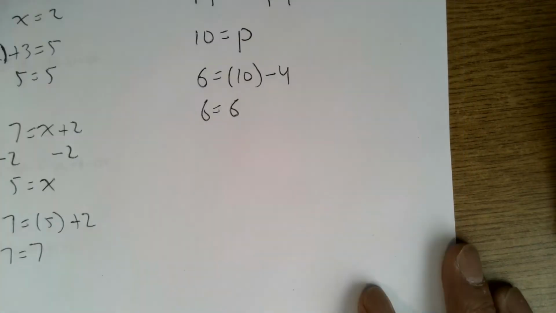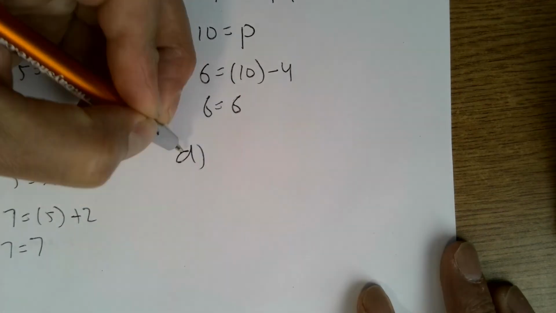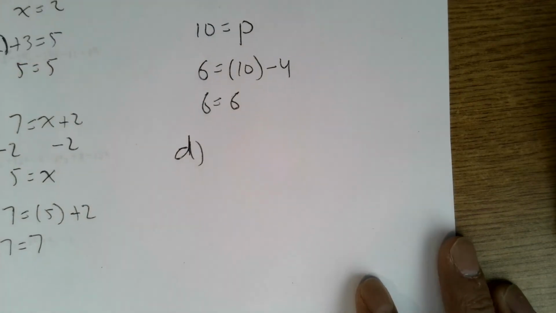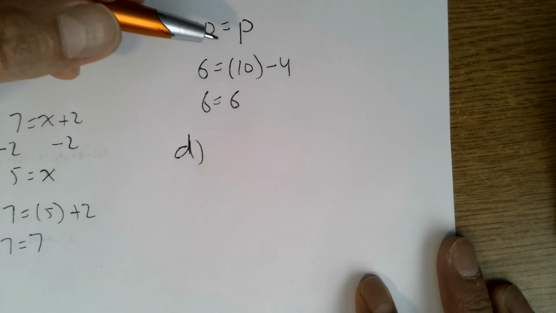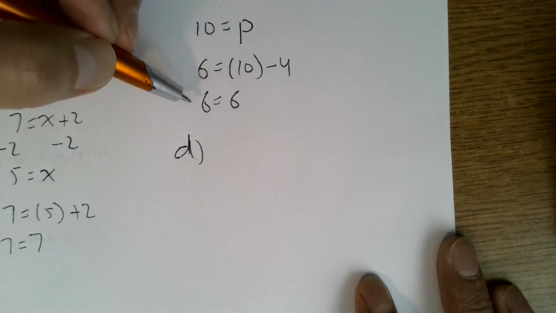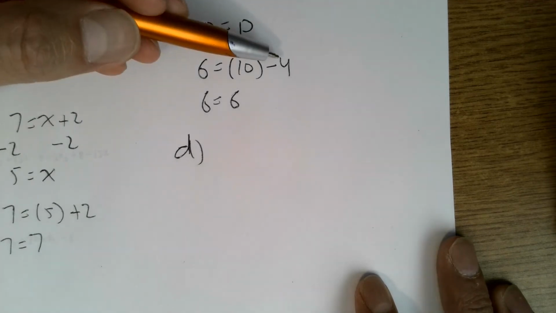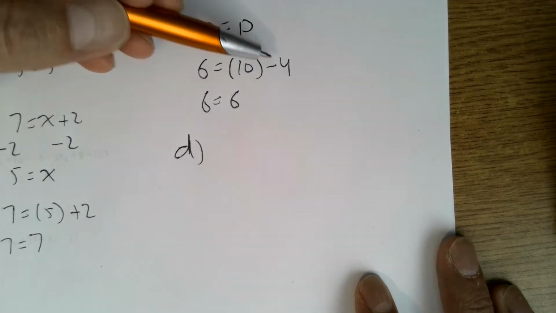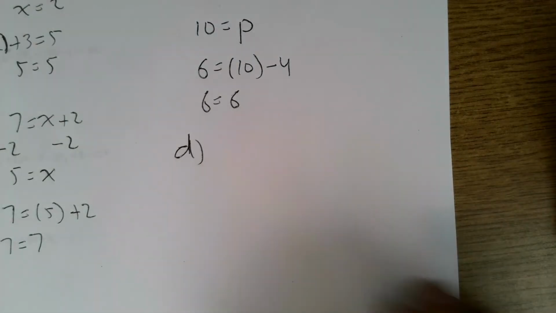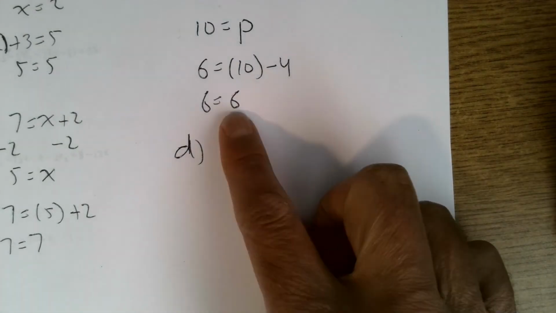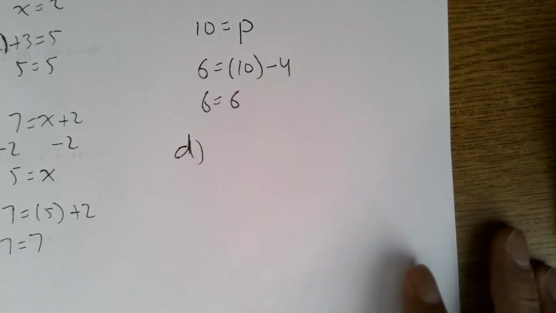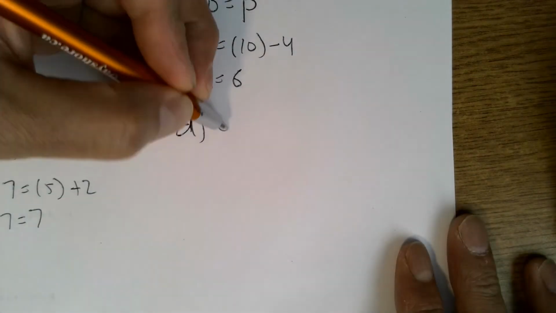Please do not leave me with checks that say 6 equals 12. Also, please actually do your checks. Don't just write 6 equals 6, even if this is a 15. If you have 15 minus 4, don't just write a 6. Actually, use your brain and go 10 minus 4 is 6. I'm going to write a 6 here. Or there is no point in doing the check.